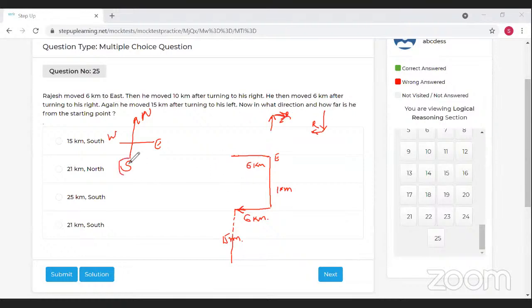He is in the south direction, and the total distance is 10 plus 15, 25 kilometers south. All right. I hope it is clear.